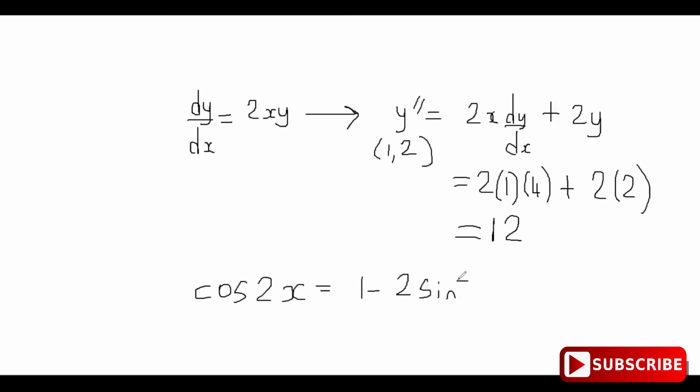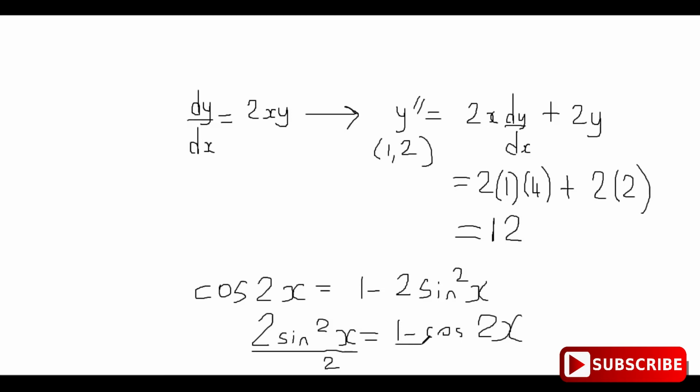And so if you want to integrate sine square x, you have to make sine square the subject from this. So I can bring over 2 sine square x, and then you divide by 2. Sine square x is equal to 1 minus cosine 2x, and so you can divide both sides by 2.